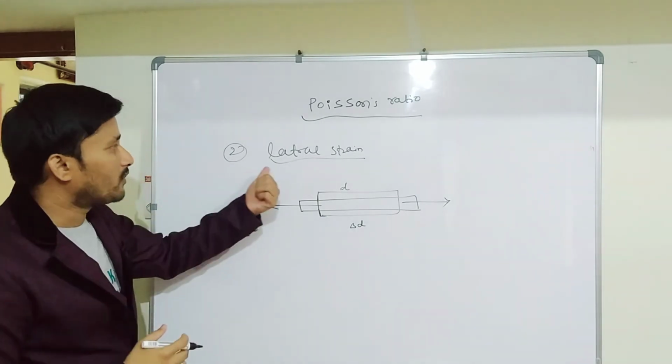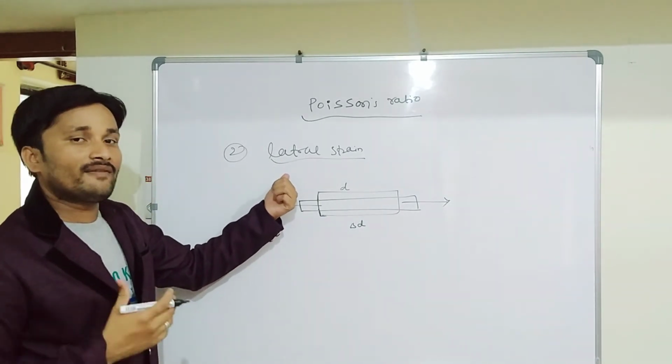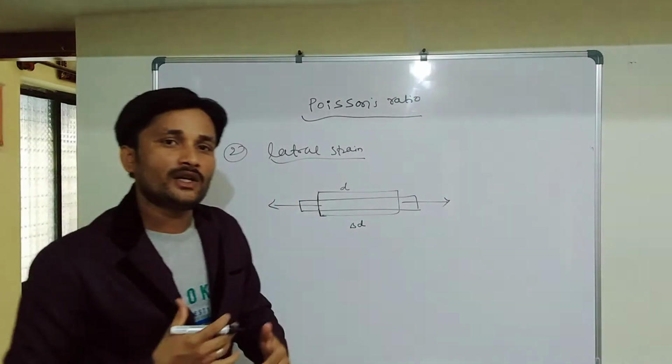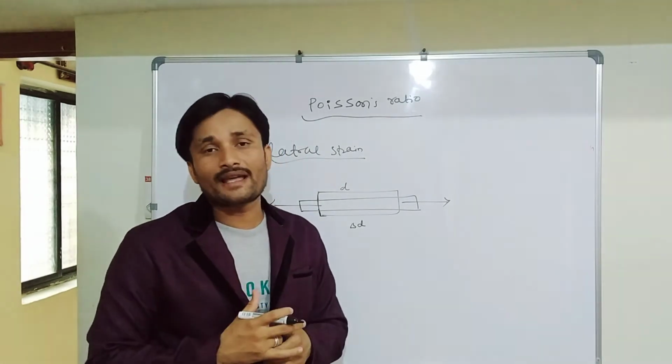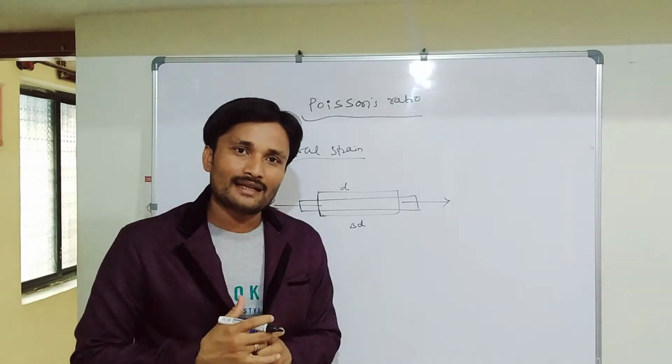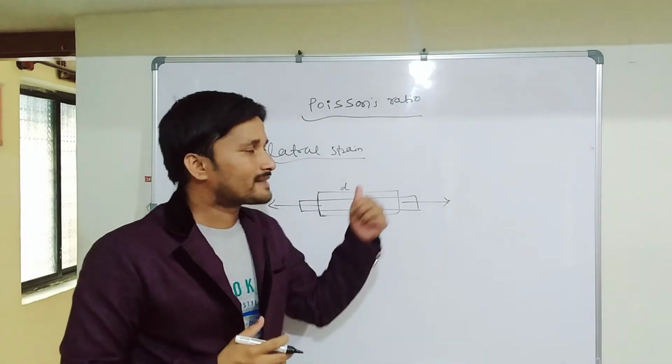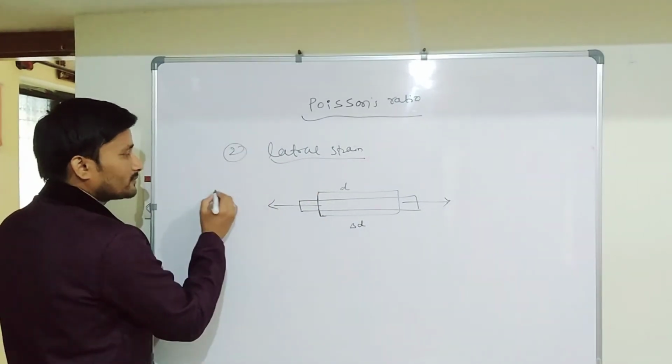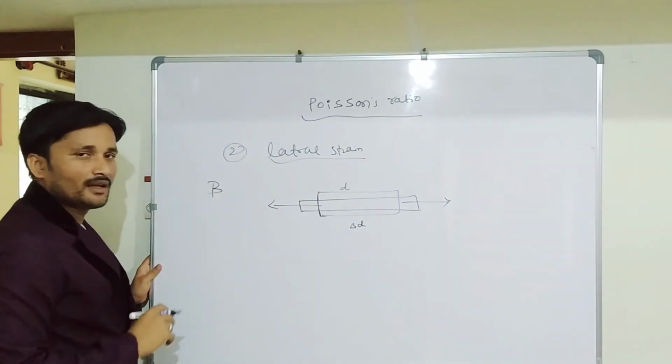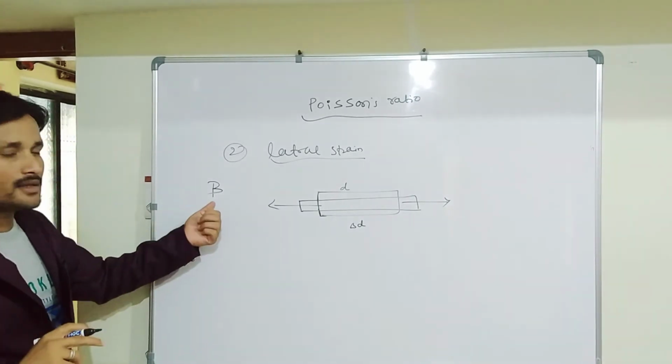So that's why for lateral strain, we can define that whenever a body is subjected to a stress, there will be a change in its diameter. That is called lateral strain. So this lateral strain is denoted by beta. Linear strain is alpha and this one is beta.